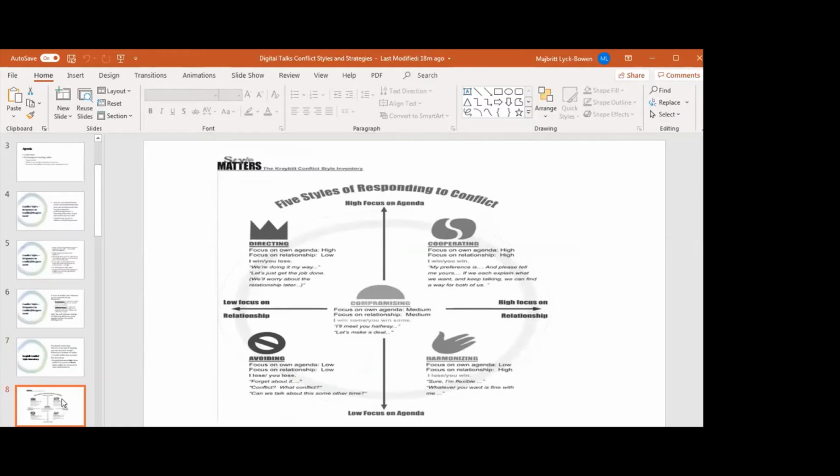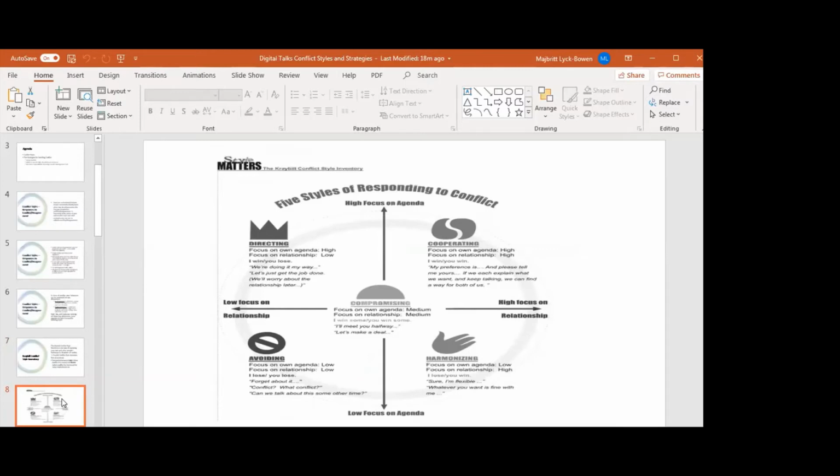Okay, so if we then look at this, this is his model, and I know it's a little bit small, but I will read aloud. So basically, when we look at these two different dimensions, we get 5 different categories of style, 5 different styles really. And hopefully by having filled out that questionnaire, you will see which one is your default. And sometimes you will find that you have 2 that are very, very close to each other.